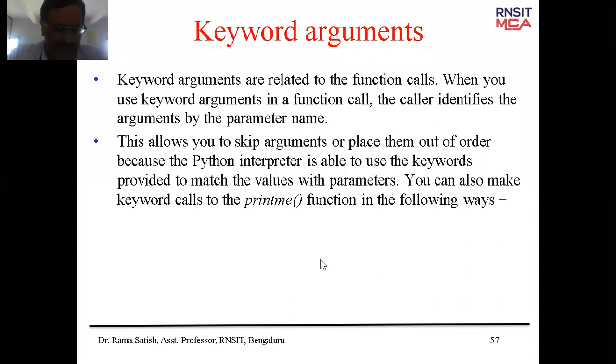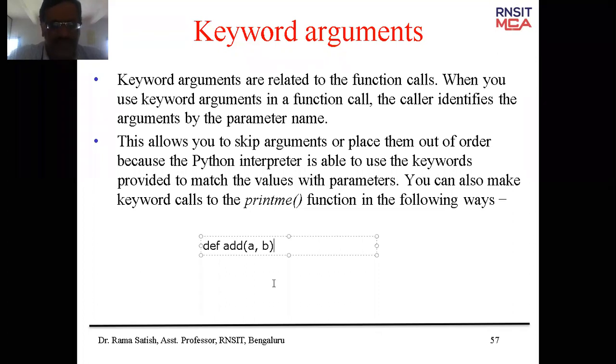So for example, let me consider a function. Let me create a function def, maybe I call it add, with parameters a comma b. You write something in tab space, and finally you return.